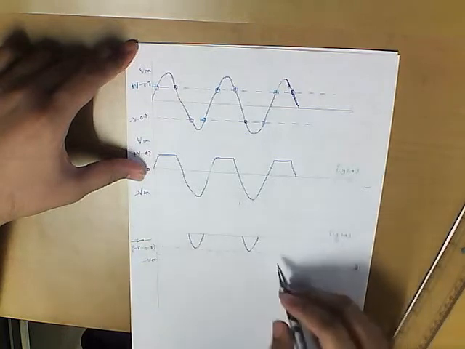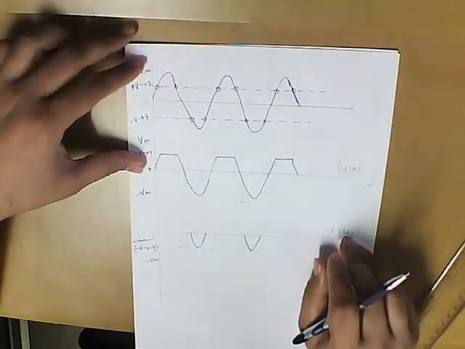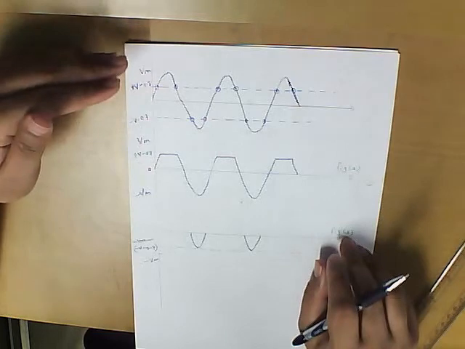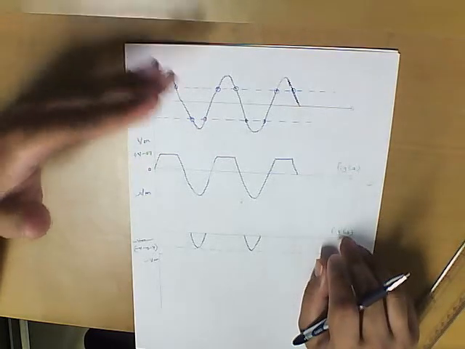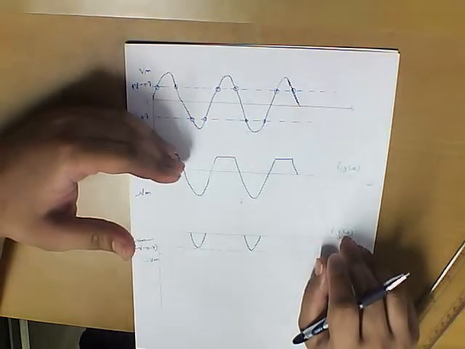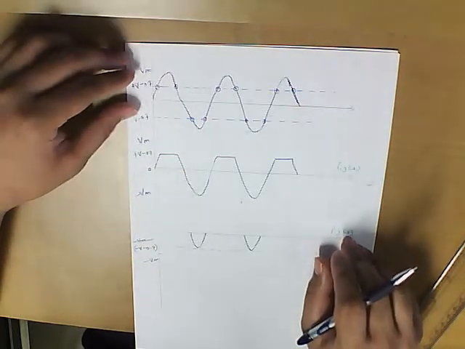So it is similar, but now just the positive part is getting clipped off. The reference is there, above that is positive, below that is negative. The above part is getting clipped in the positive, and hence the name positive clipper.